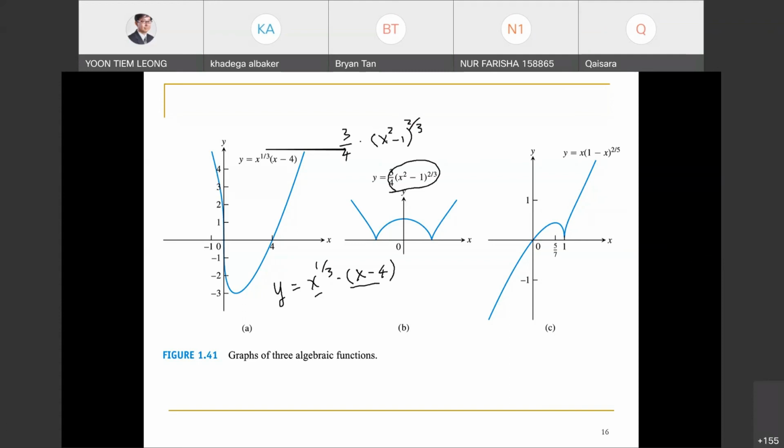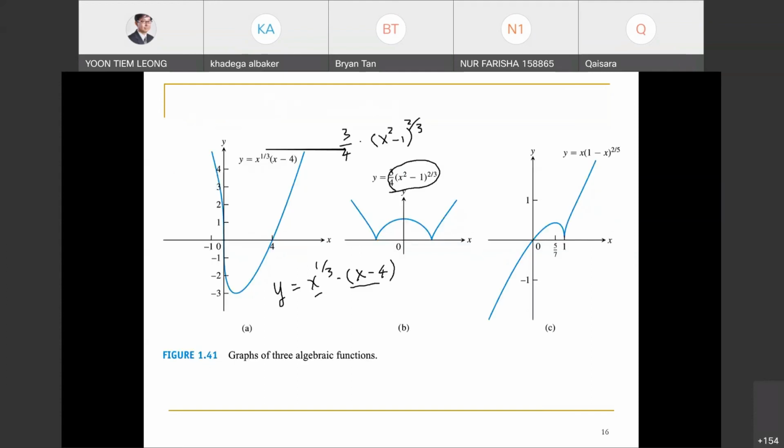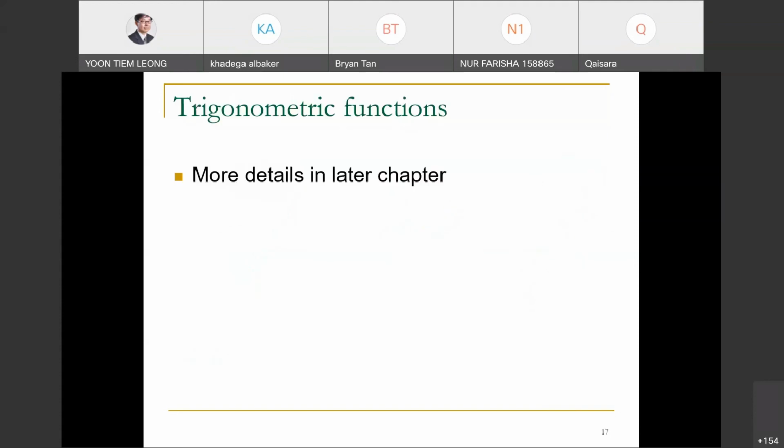Then you multiply these functions together, and you get this function. So an algebraic function is formed from polynomials by carrying out algebraic operations on them.